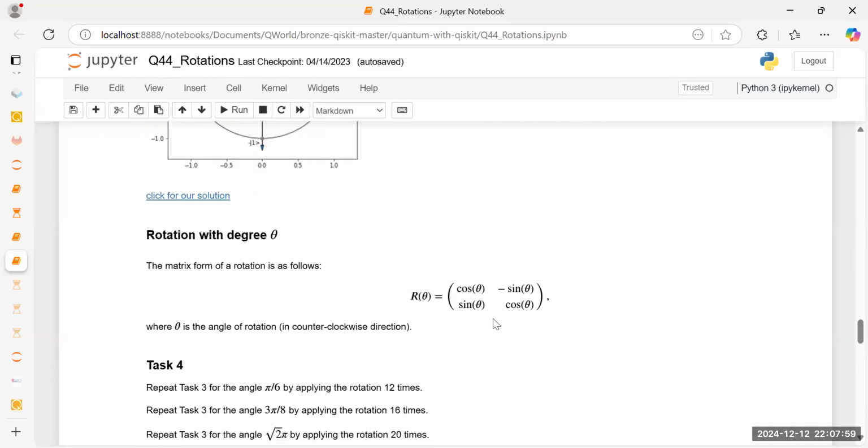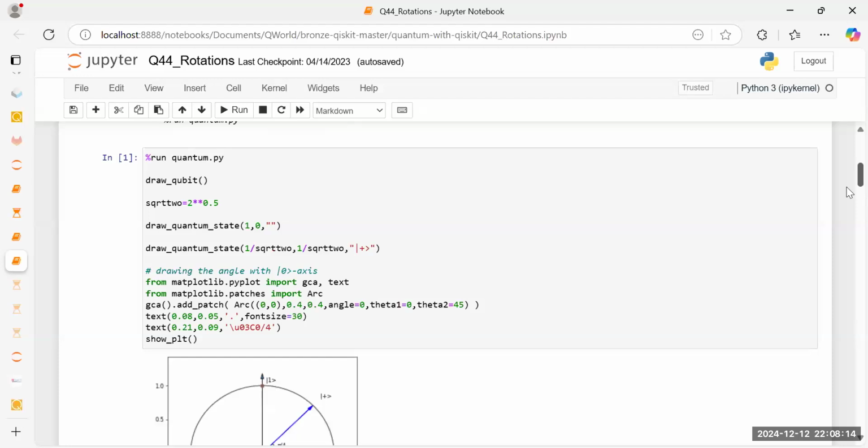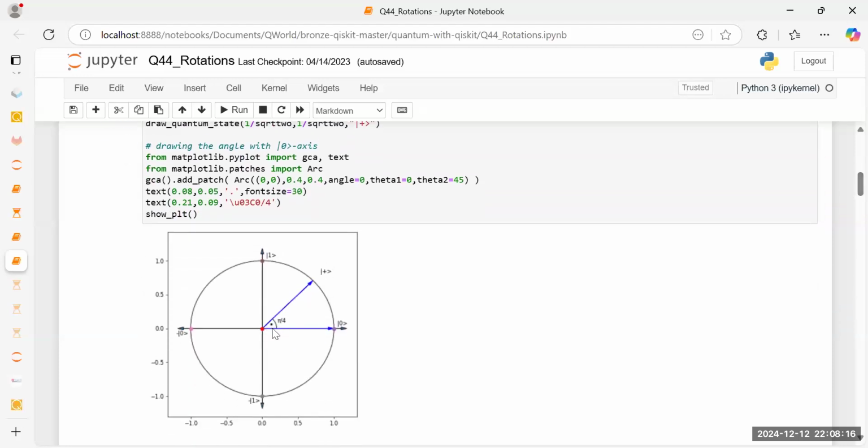So this is the operator for rotation. By specifying the angle theta here, we can specify an angle we want to rotate by. For example, let's say our quantum state was initially the 0 state.